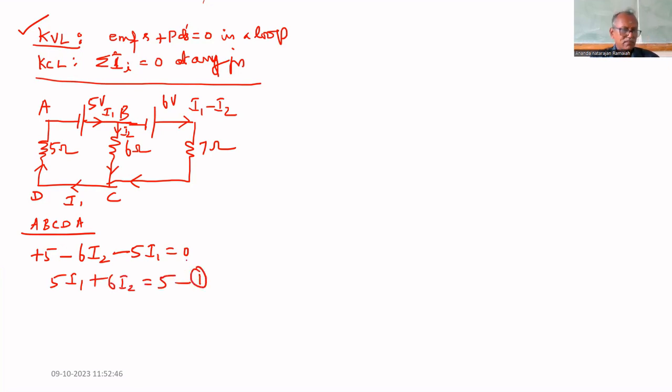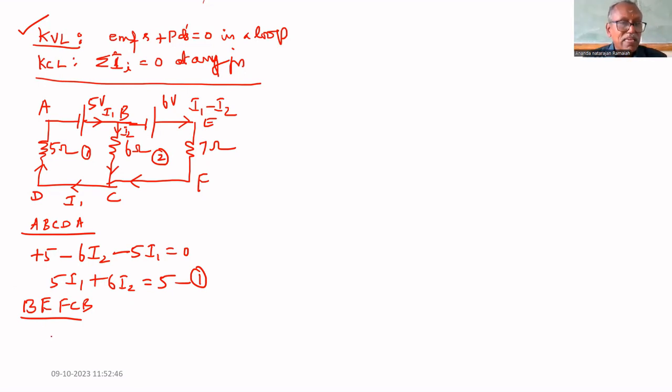This is the first equation. If you write the equation for the second loop, if you travel along B, E, F, C, B, you can select any path. You can select B, C, F, E, B also.